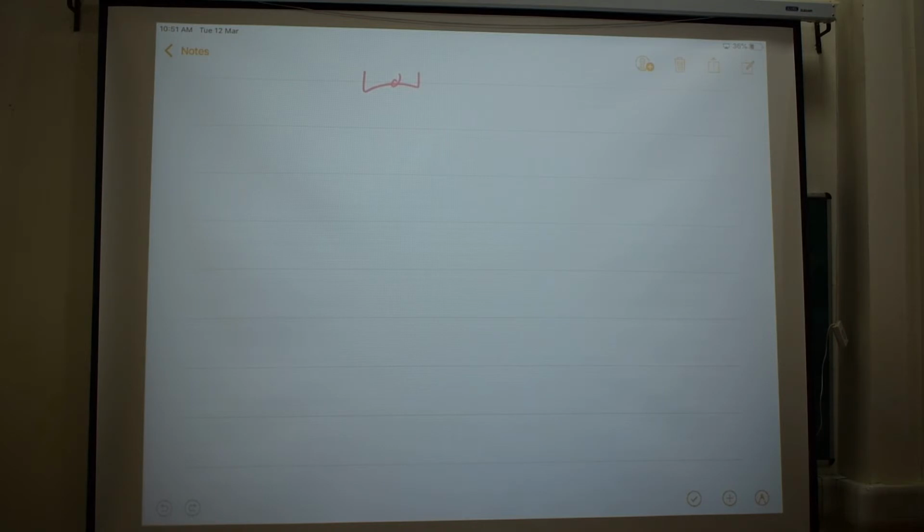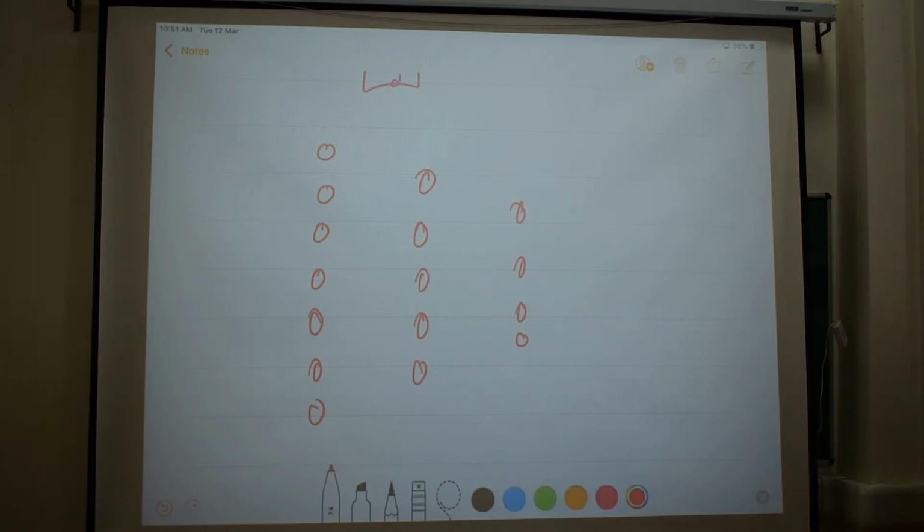Dropout essentially says that I have a network like this, and you have other nodes coming like this. This is okay, and things are fully connected.